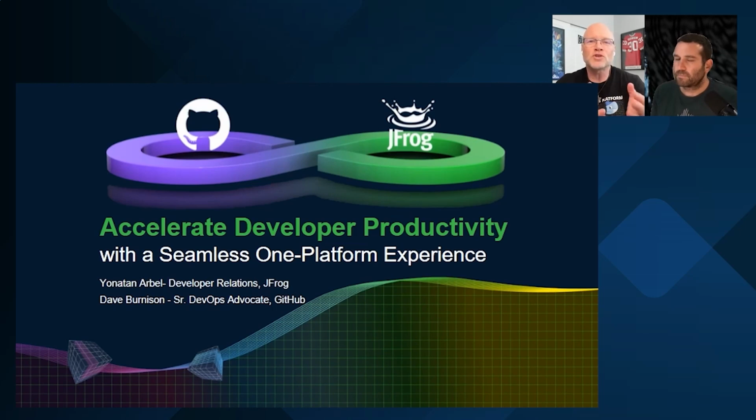We want to show you how you can accelerate developer productivity by staying in the flow inside the tools that you're using, without bouncing all around to get your work done.